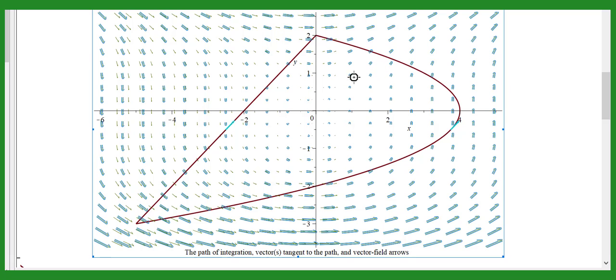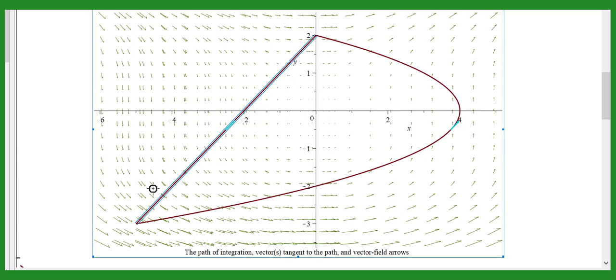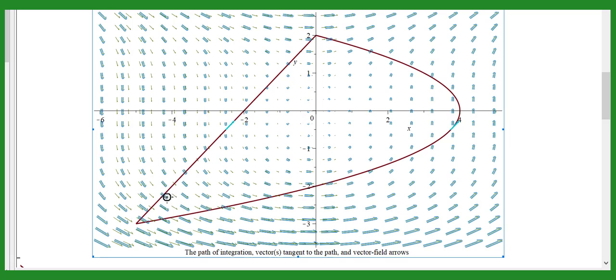So again, we have theta less than 90 degrees, which gives us positive results. But for this line, if we come to these points, you will see that the vector field is in this direction, but the line's slope is here, which gives us an angle between the two of more than 90 degrees, which gives us a negative answer.